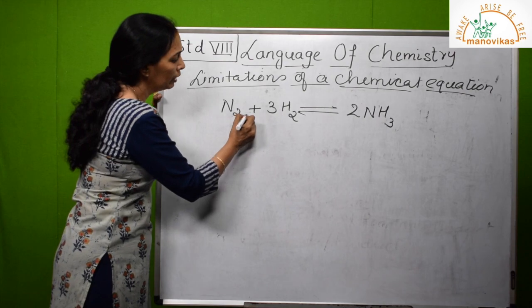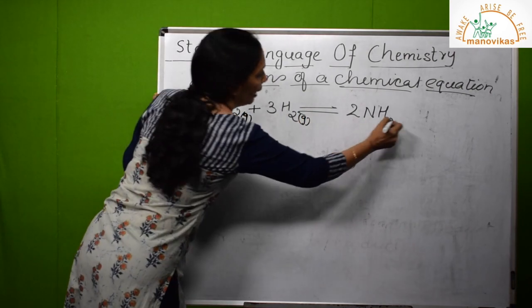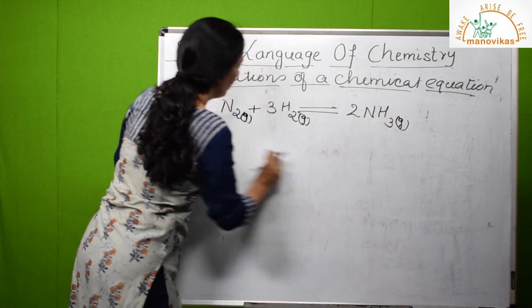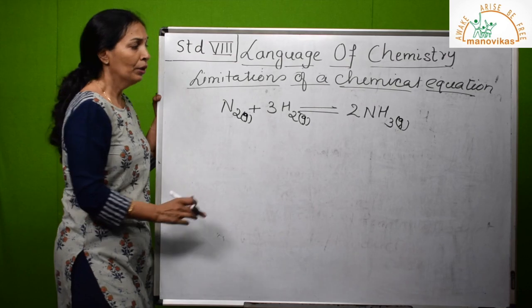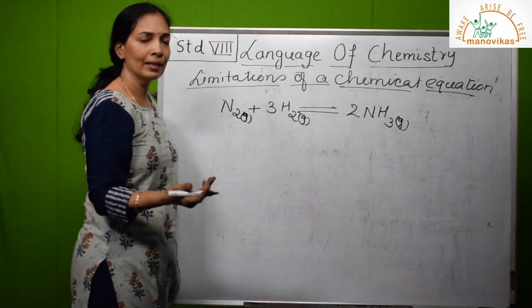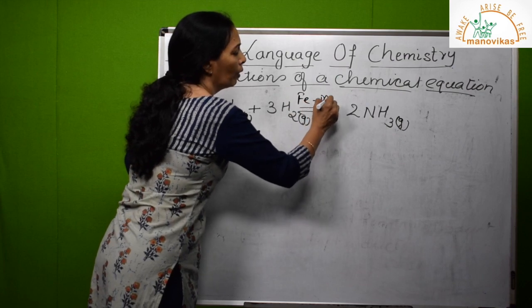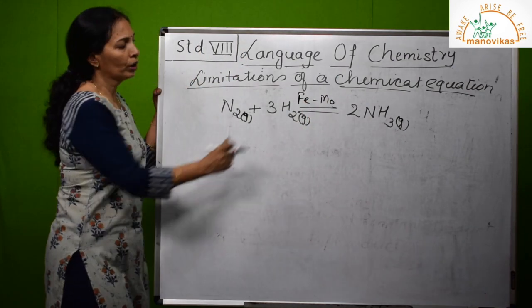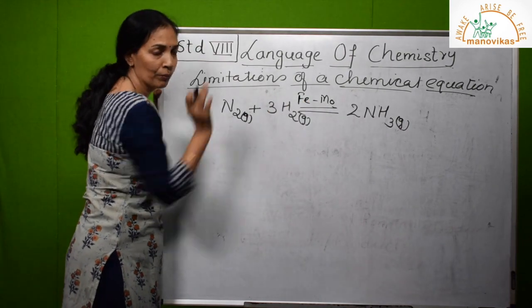Now here we can write g, g and g. This tells about state. This is gas and this is also gas. We can write if any catalyst is there. Here the catalyst used is iron and molybdenum is used as promoter, so we can write. So looking at that, we come to know this is catalyst and this is promoter.